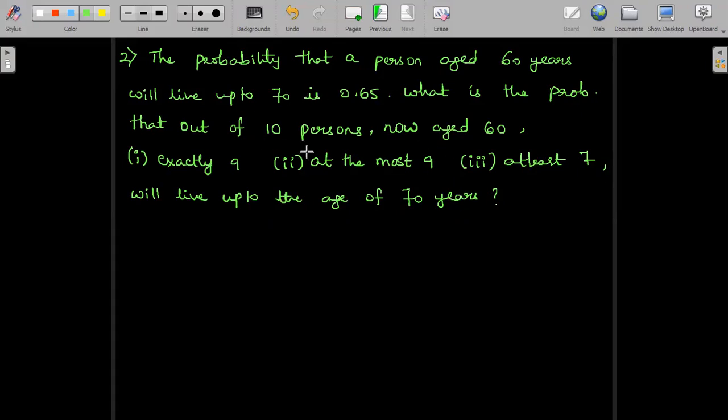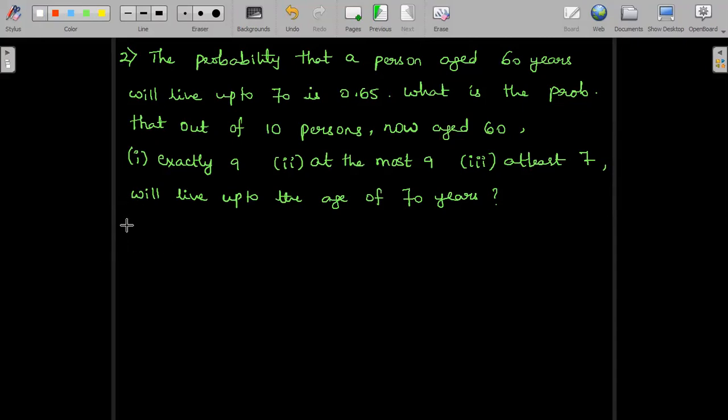For only those 10 persons, we are trying to find the probability that exactly 9 people will live, at most 9 people will live, at least 7 people will live up to the age of 70 years. So that's the analysis of the data for us.